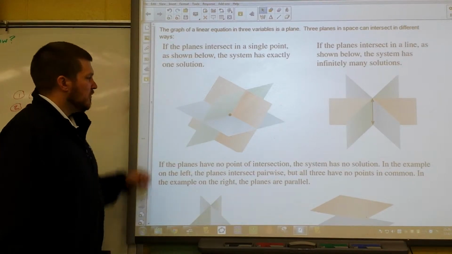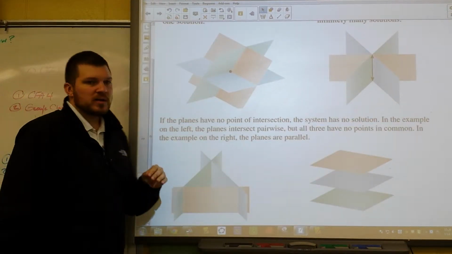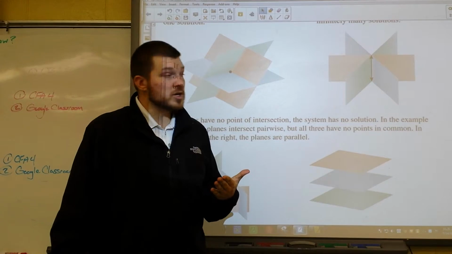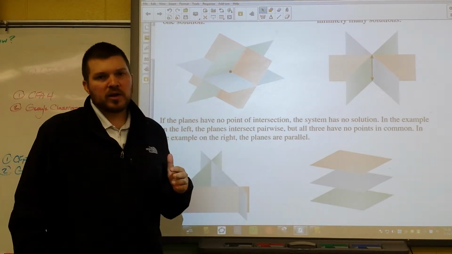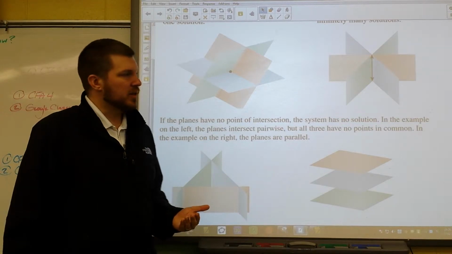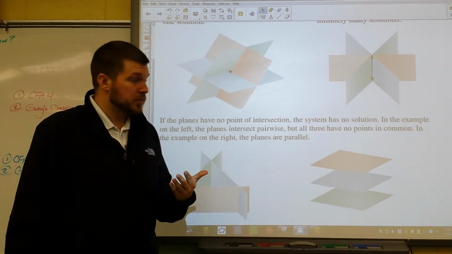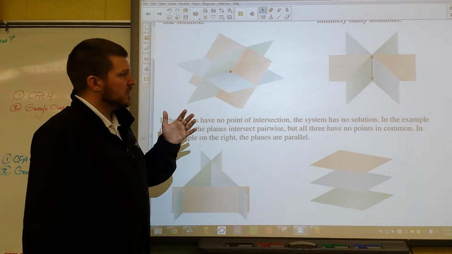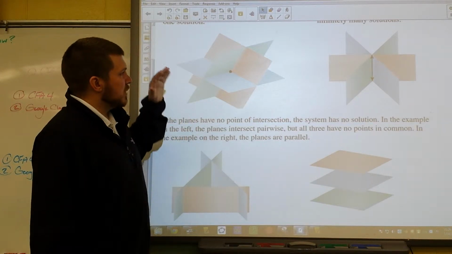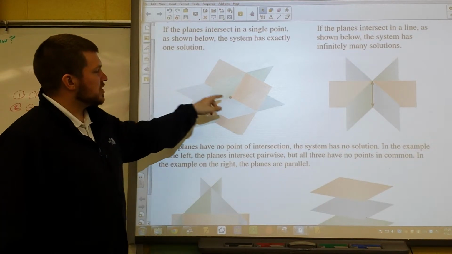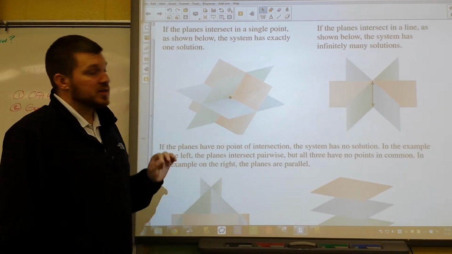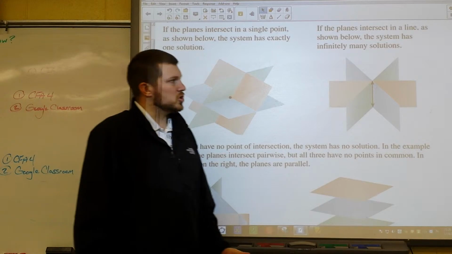If we were able to actually graph these linear equations in three variables, X, Y, Z, we can't graph it on our calculators, but some of the newer advanced calculators can, and for sure some of the new advanced computer programs can. If we graph these systems, what we would see is that we have different possibilities. If the planes intersect at a single point, then the system has exactly one solution.